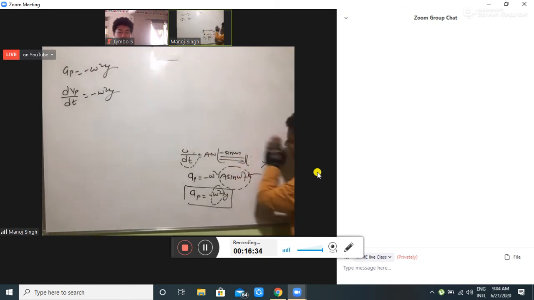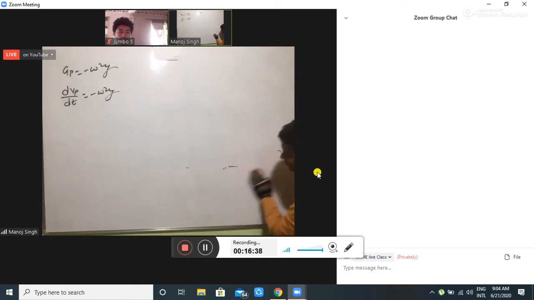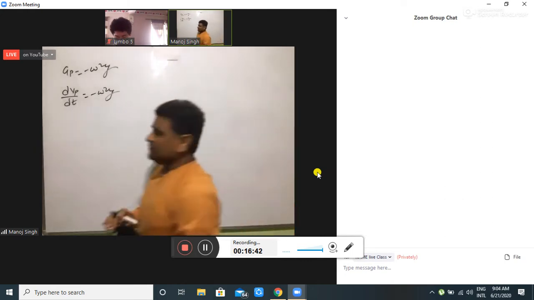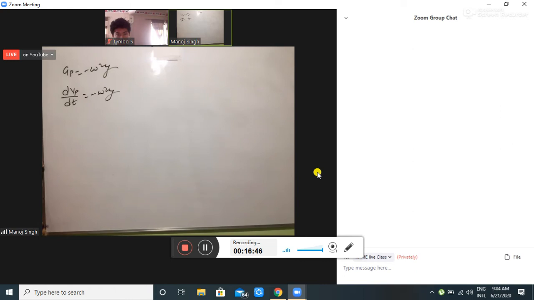We are finding the equation of SHM first before discussing the equation of progressive wave. So dvp by dt is equal to minus omega square into y.